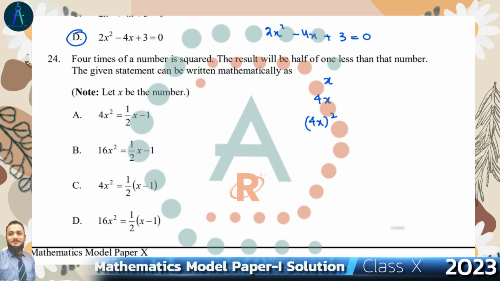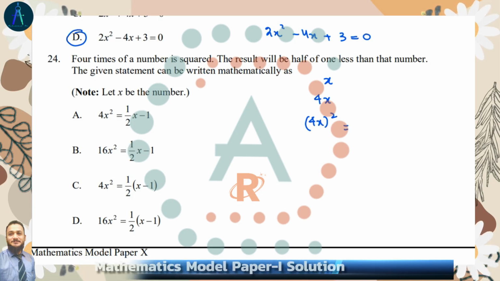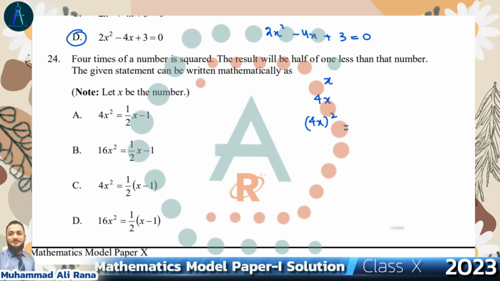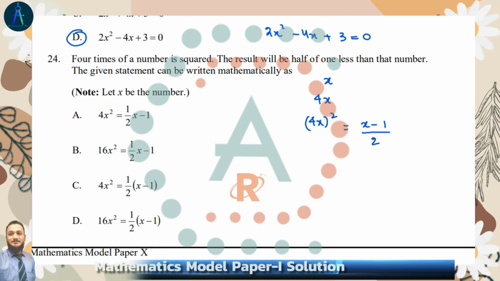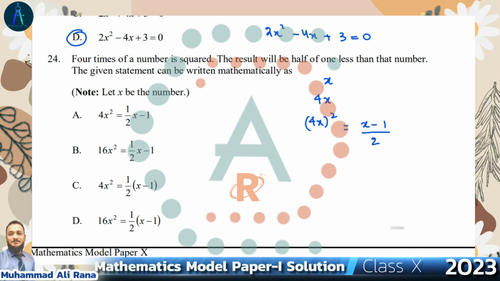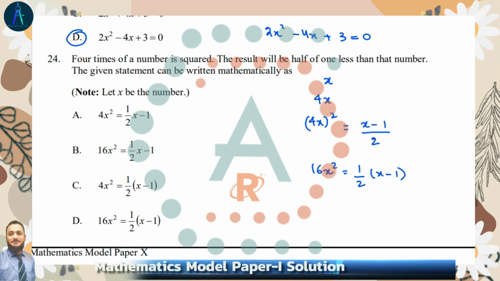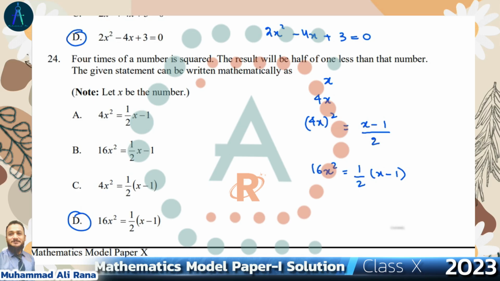The result will be half of 1 less than that number. Half of 1 less than that number means x minus 1 over 2. The given statement written in mathematical form will be 16x square is equal to half of the number less than 1. So option D will be the right answer.